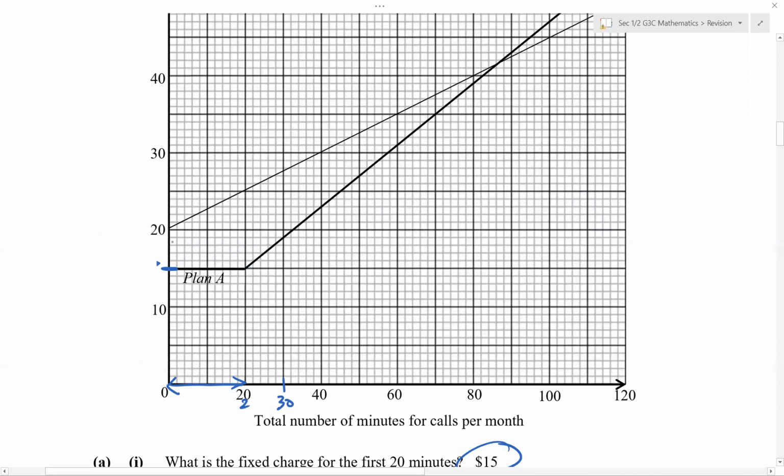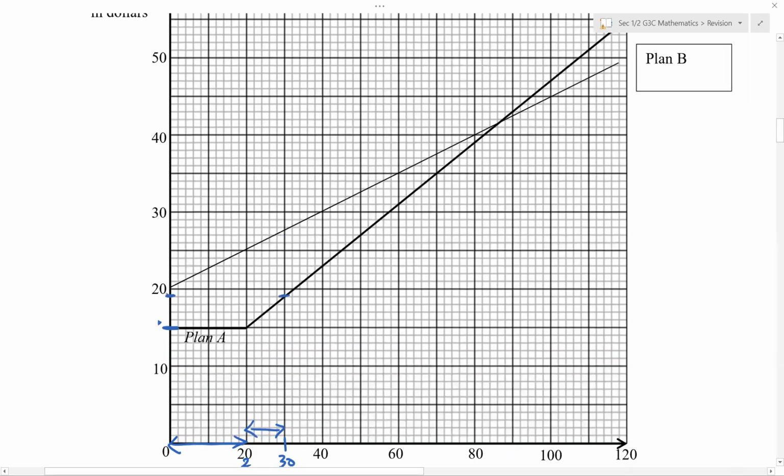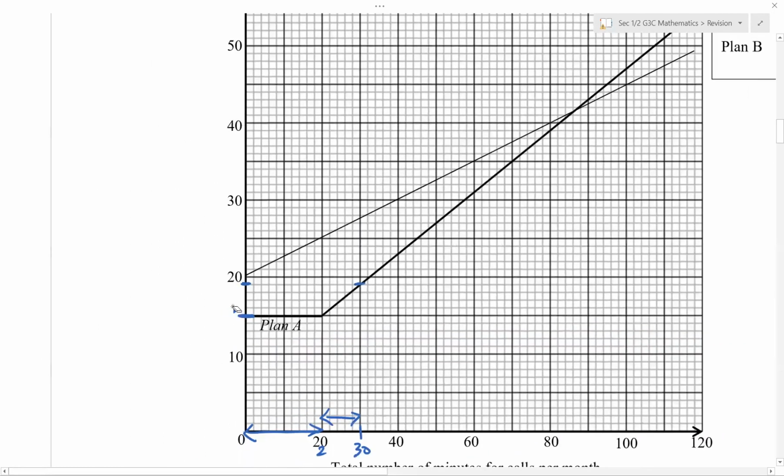How about we say, okay, let's look at an additional 10 minutes. Let's look at the extra cost when I use an extra 10 minutes after the first 20 minutes. Okay. The extra cost in this case will be, we need this value. So this is 19. 19 from 15.